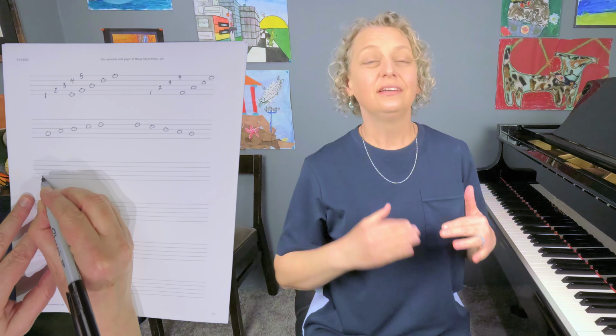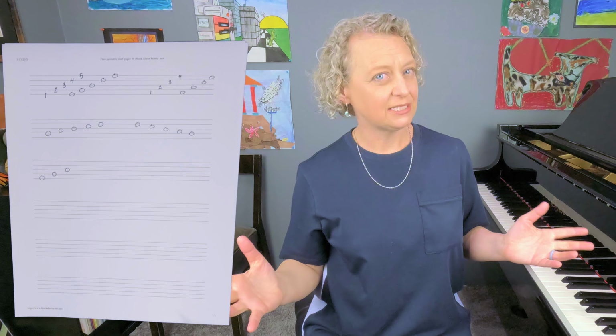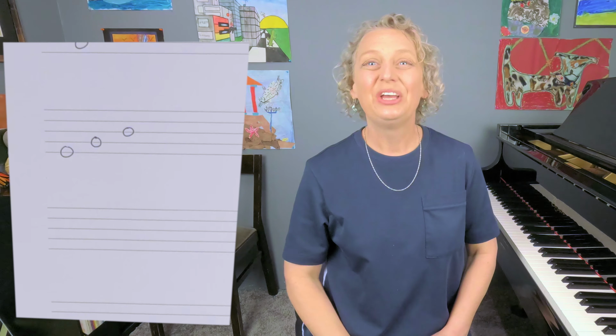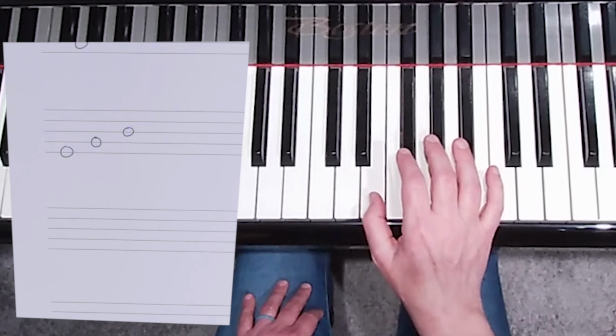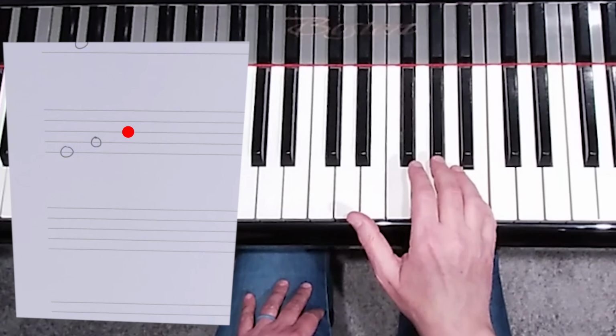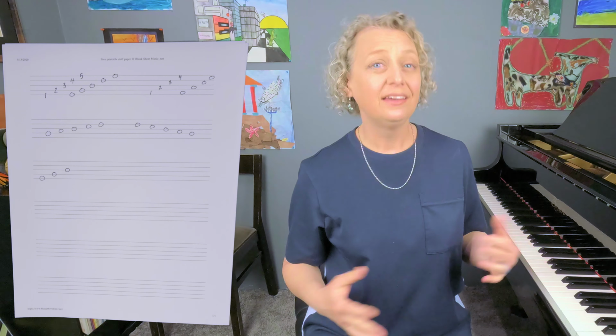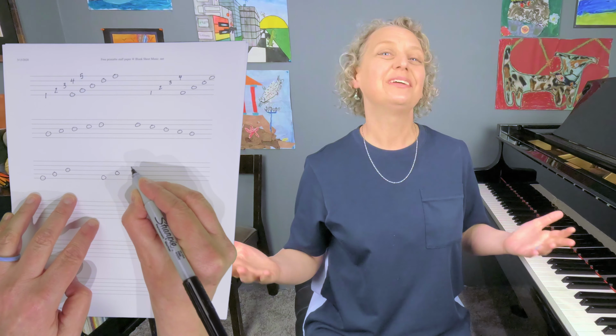We can also draw all line notes. Since we've skipped the spaces, guess what? You also have to skip notes on the piano. Start, skip up, skip up. This same pattern of skips can also be made with all space notes where we skip the line notes.